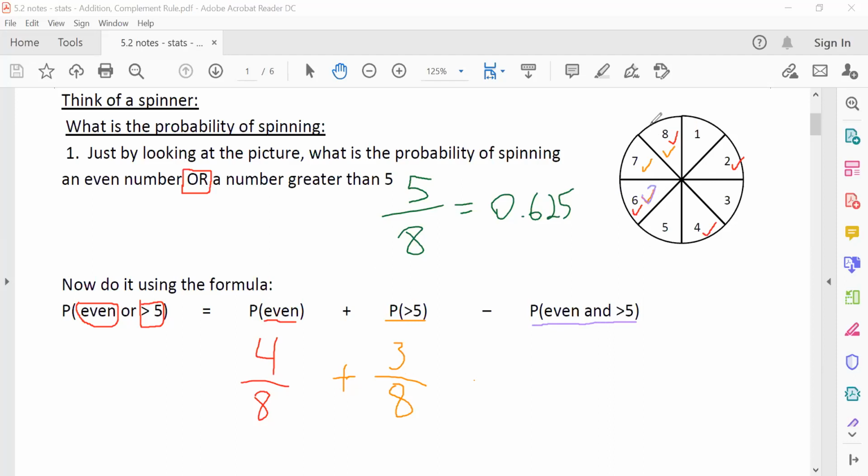I need to subtract this off so I'm not double counting, and it looks like there's 2 out of 8. And now 4 plus 3 is 7, minus 2 is 5. It becomes 5/8, which is exactly what we found just by doing it kind of logically.